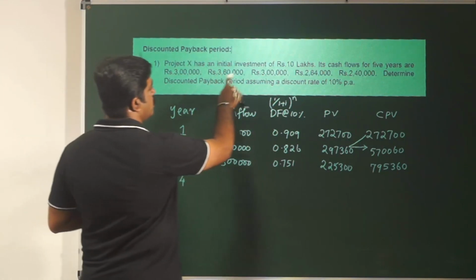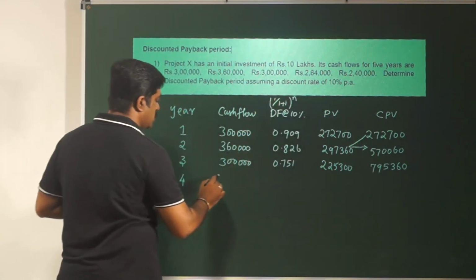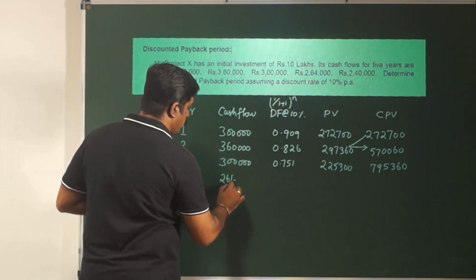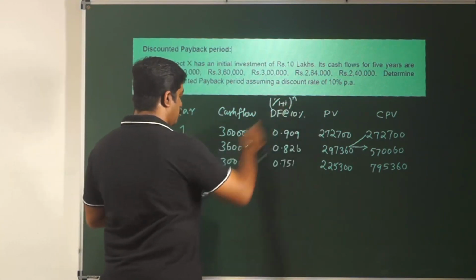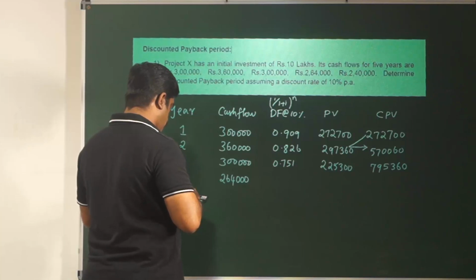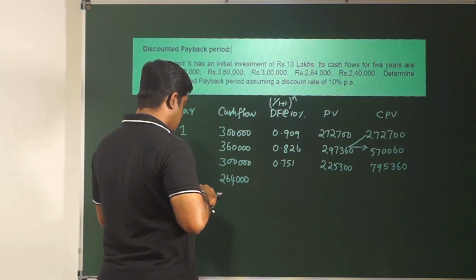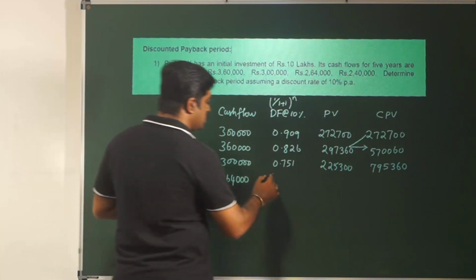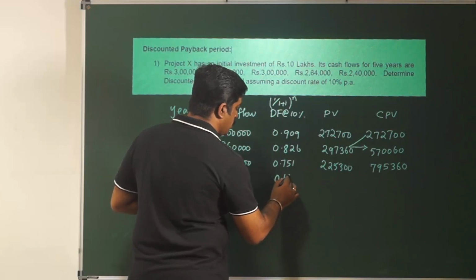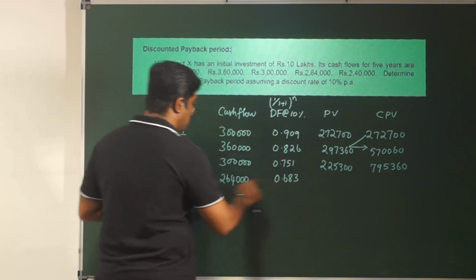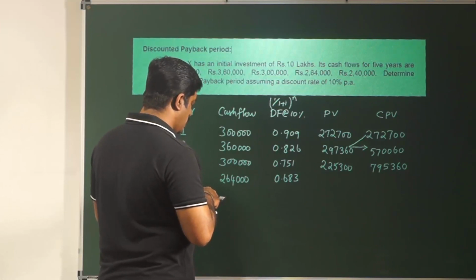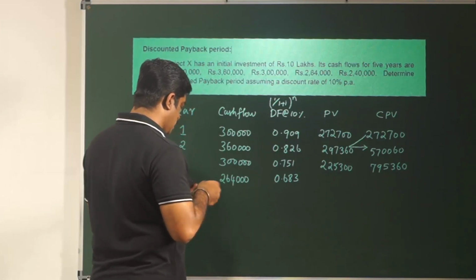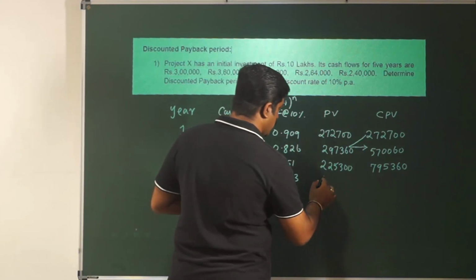Then comes year 4. What is the cash flow? 264,000. Your discount factor at 10% for year 4, that is 1 divided by 1.1 to the power 4, you get 0.683. 264,000 multiplied by 0.683, what we get is 180,312.